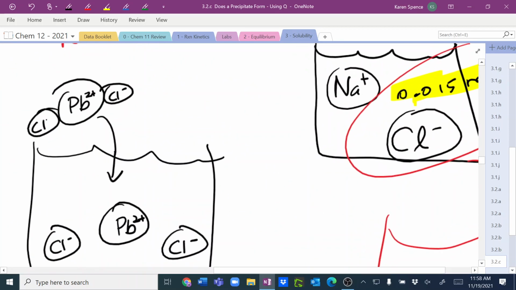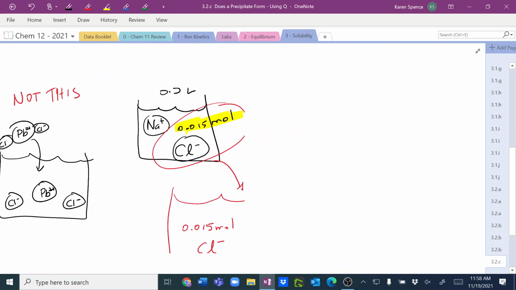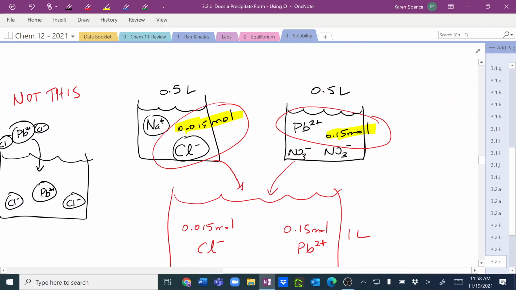That's because in that first worksheet, what we were doing is we were actually taking solid lead chloride and dumping it into solution. So for every 1 lead chloride we would get 1 lead and 2 chlorides. But here we're not doing that. Here we're taking sodium chloride, which contains 1 chloride for every sodium chloride. So you're going to use the sodium chloride to figure out how many moles.